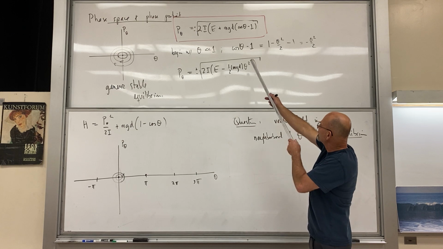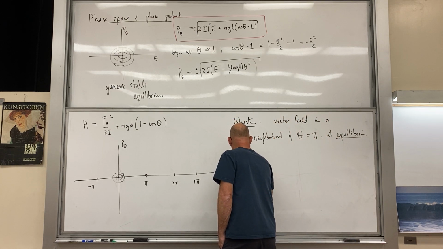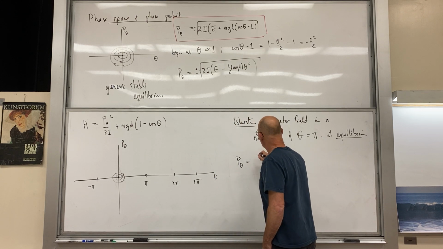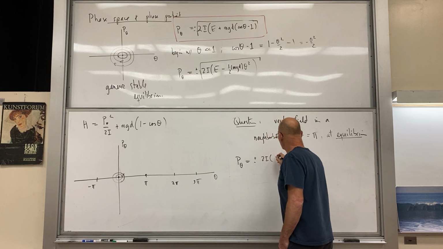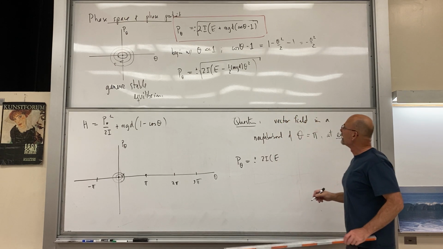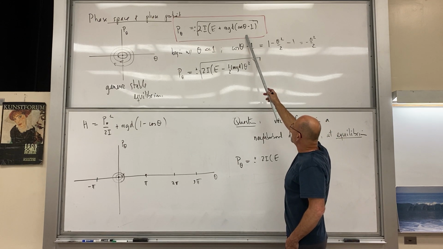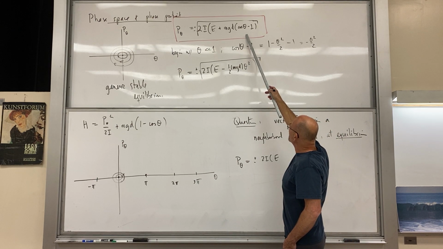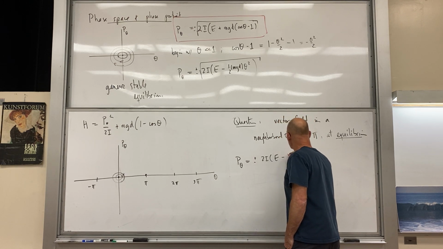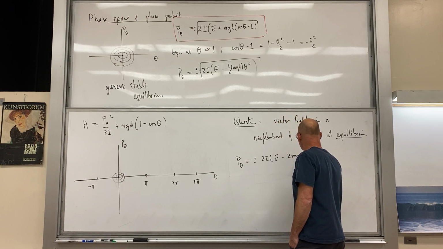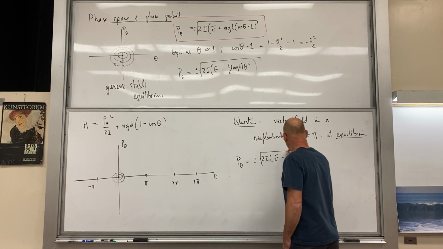Okay, well, we can go back to p sub theta. p sub theta is equal to plus or minus the square root of 2I times E, and now mgd cosine of pi is minus 1, so we have E minus 2mgd.